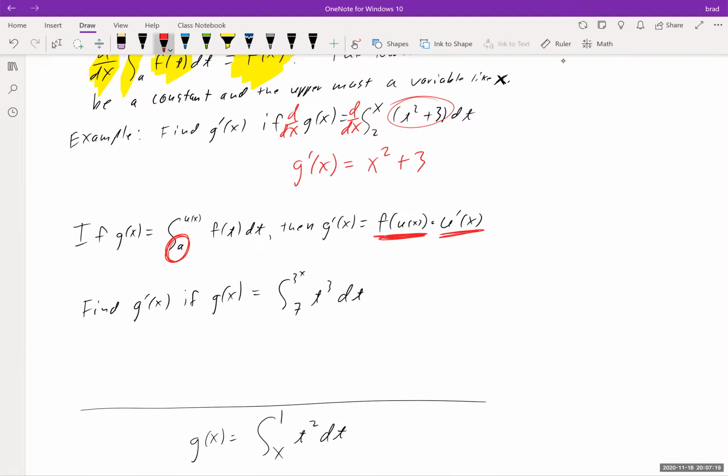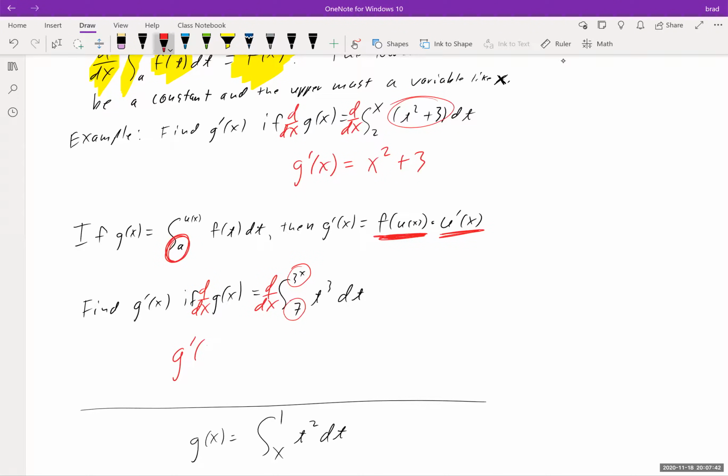So let's see what that means, okay? So basically we have to attach the chain rule just like we're used to doing. So notice we have our constant in this problem, and we have something other than plain old x here. So the integral from 3 to 3 to the x of t cubed dt. So what I'm going to do is just like before, I'm going to take d/dx of both sides, okay?